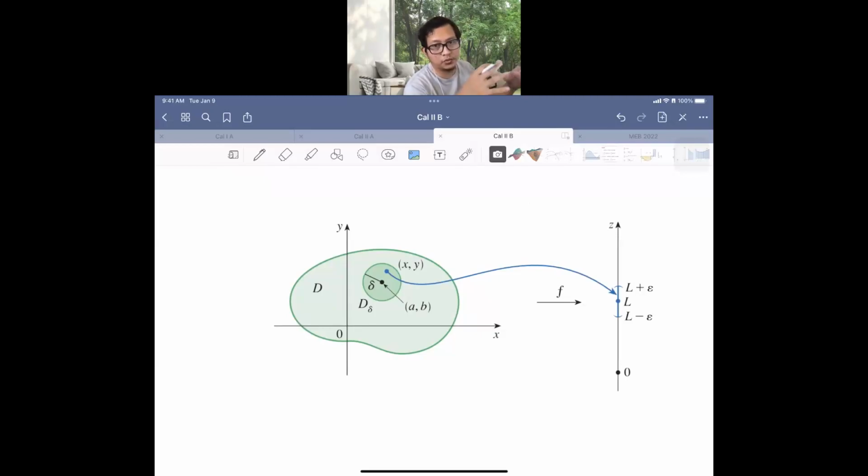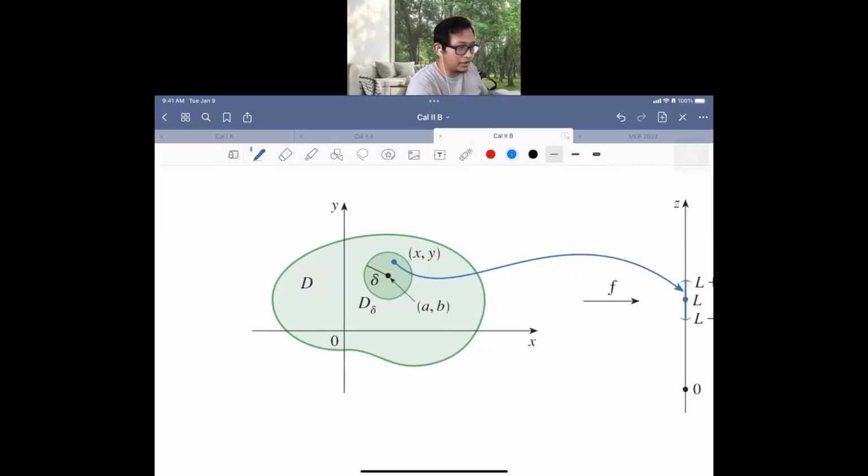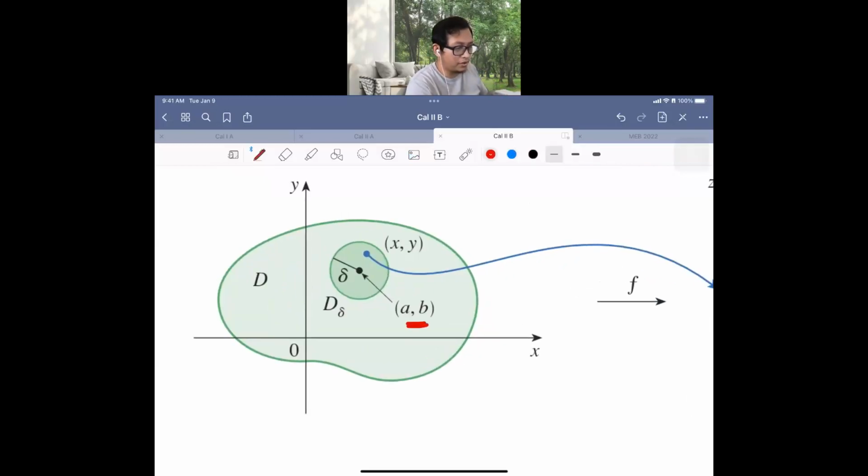The domain is within the area, so all x, y. And inside is the point AB, and the xy will be from the area nearby AB.